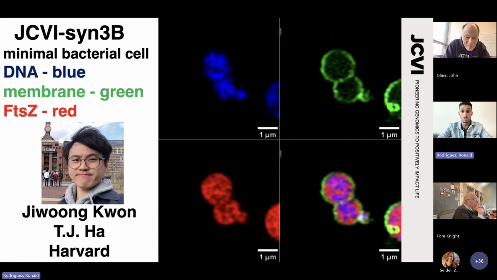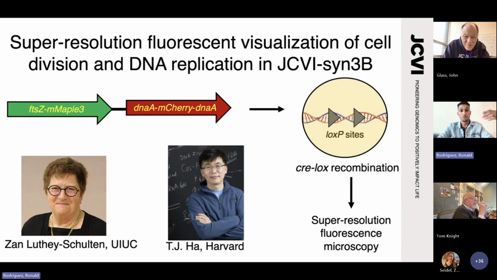So this begs the question, where is the origin of DNA replication and what path does the origin of replication take? For a long time now, we've been trying to develop an experiment where we create a Syn3B cell that has an additional copy of two genes, one a fluorescent label on FtsZ and another one a fluorescent label on DnaA. DnaA is a protein that binds to the origin of replication.